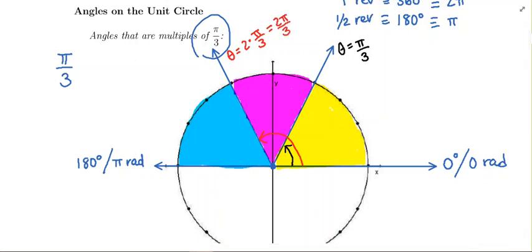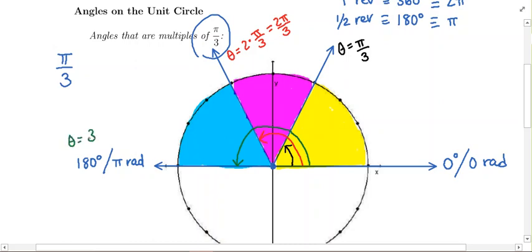And when we do it again, for my next angle, again, the vertex is at the origin. The initial side coincides with the positive x-axis. We're going to rotate pi over 3, another pi over 3, another pi over 3. So to go from this initial side to this terminal side, we went 3 times pi over 3 radians.